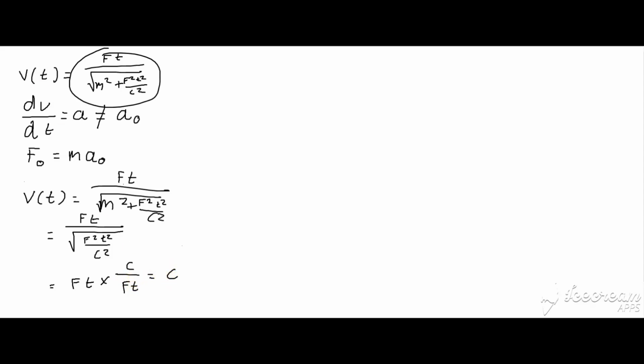the speed of light. And I must stress that this is just a limit of the equation as the mass approaches 0, because when we defined a momentum that we used to define the force, we defined it as gamma mv, where m is the rest mass. So our derivation of this function for the velocity assumed that the particle, or whatever was accelerating, had an actual rest mass.